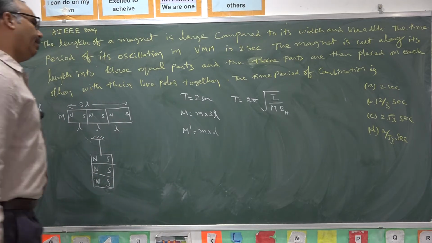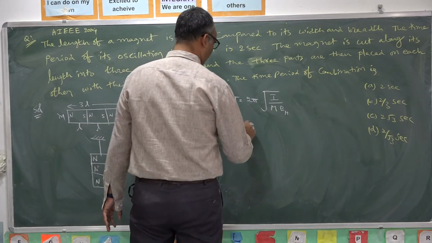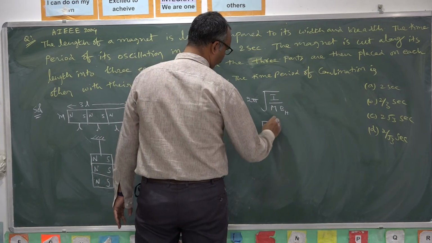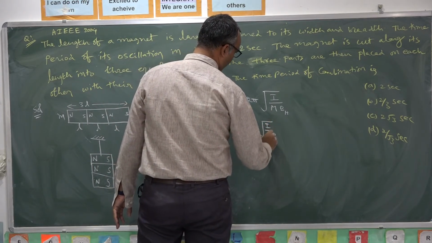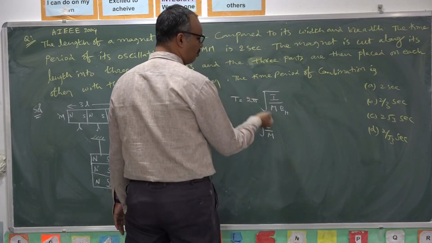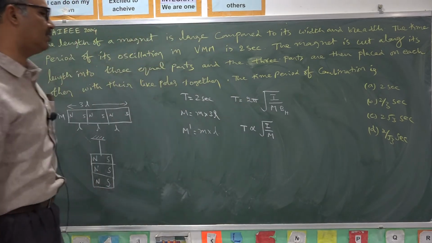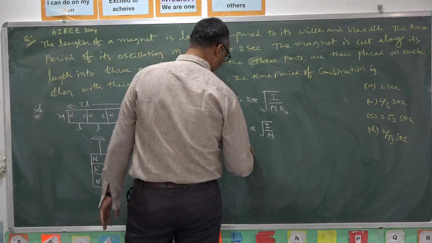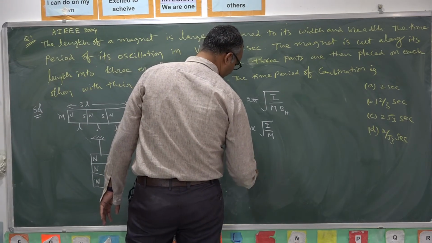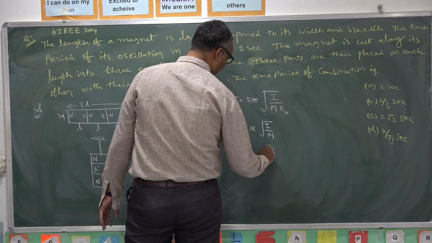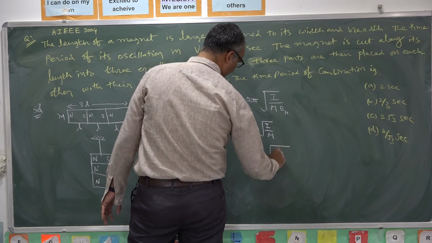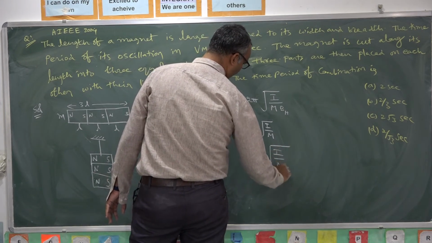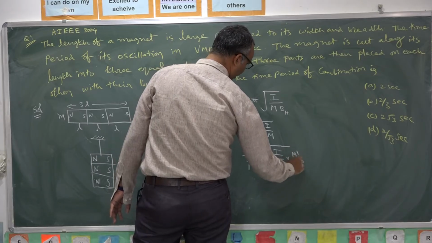So time period is proportional to square root of I by M, because BH is constant, 2 pi is constant at a given place. So time period in the first case, time period in the second case, T by T dash, if I take the root of I by M, M dash by I dash.